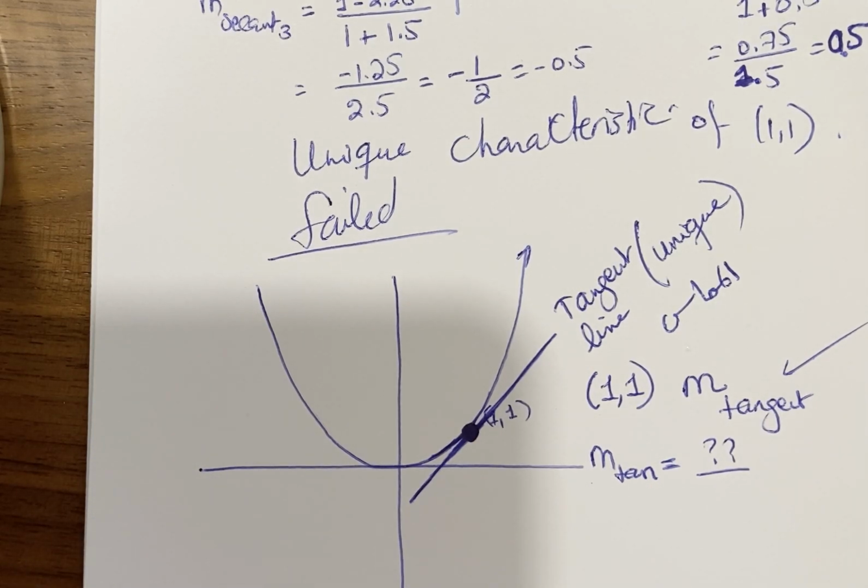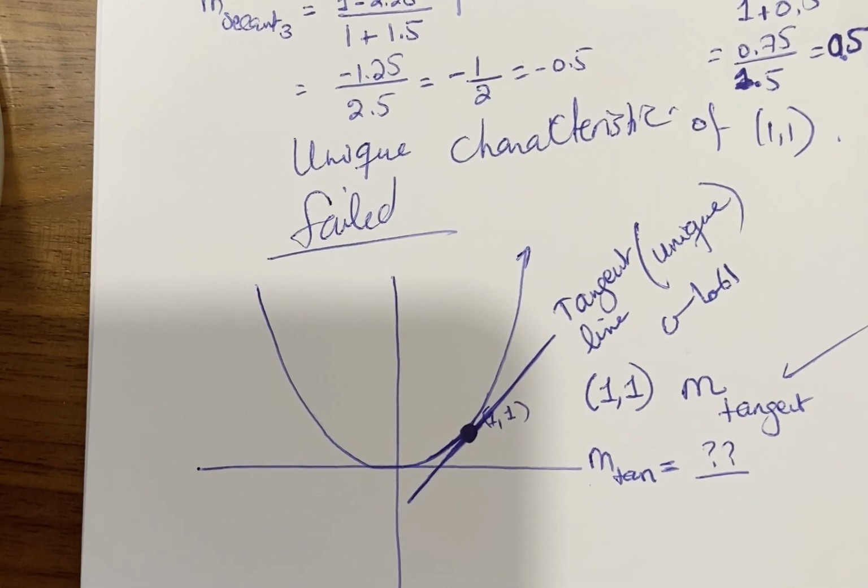So they wanted every single point on a curve to have a unique characteristic to describe it. And so they looked at that point and said, you know what? There are millions of secants passing through this point. So those secants, we can calculate their slopes. How to calculate their slopes? It's very easy. y2 minus y1 over x2 minus x1. What are secants?